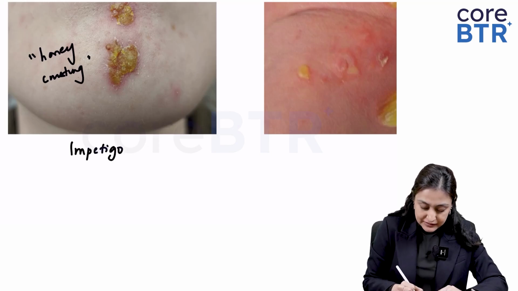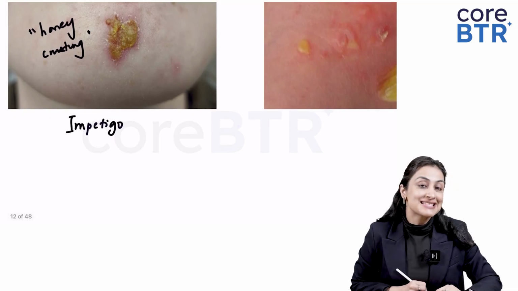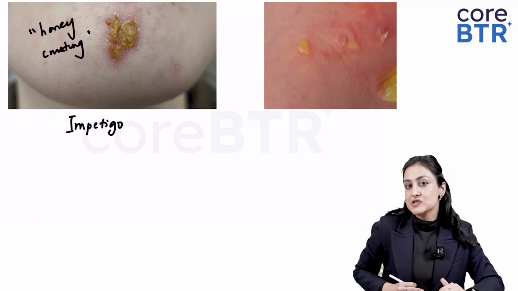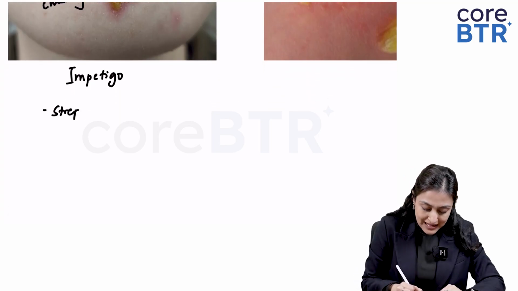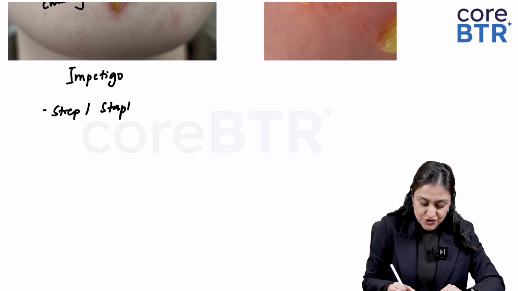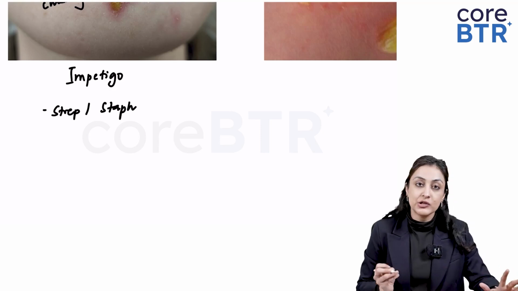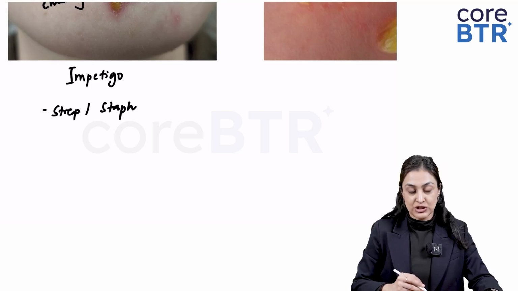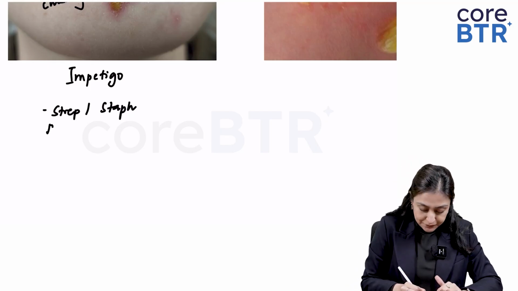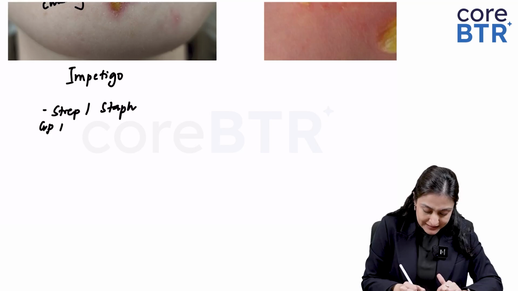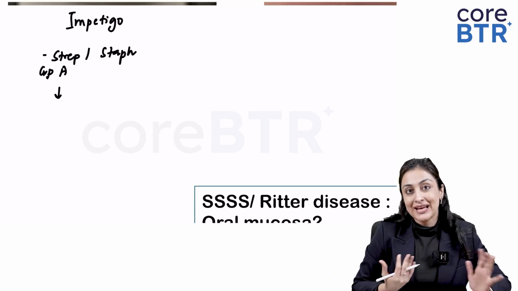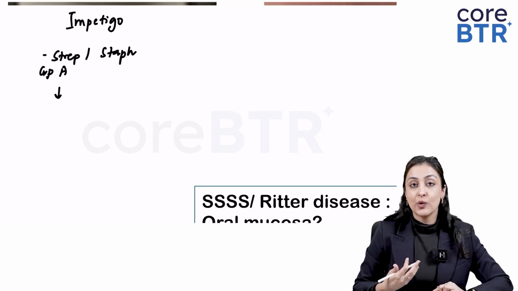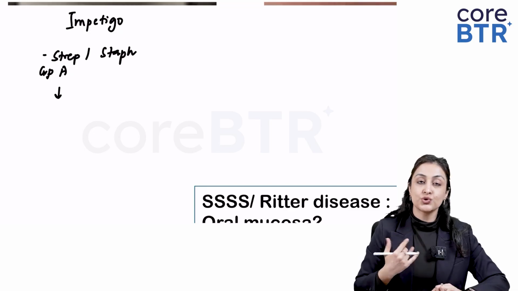It's a bacterial infection of the superficial skin. This is where the epidermis is essentially affected, and the causes would be strep and staph both, right? So both strep and staph. When I say strep here, I mean group A strep, strep pyogenes, right? So this is impetigo. So group A strep, S. pyogenes. This is where group A strep can infect the skin. That's the entry point, either skin or sore throat, pharyngitis.